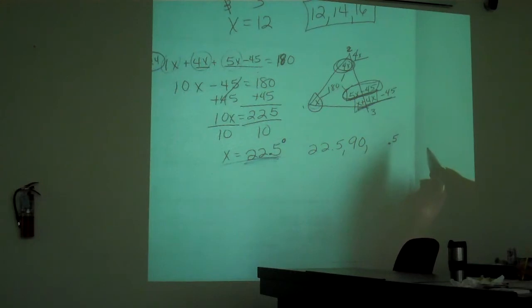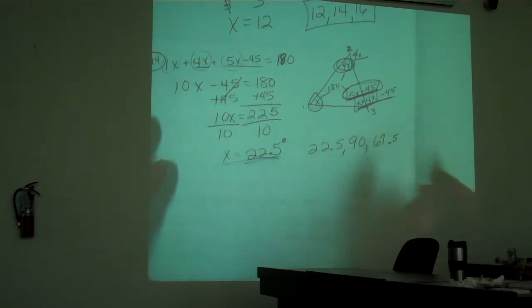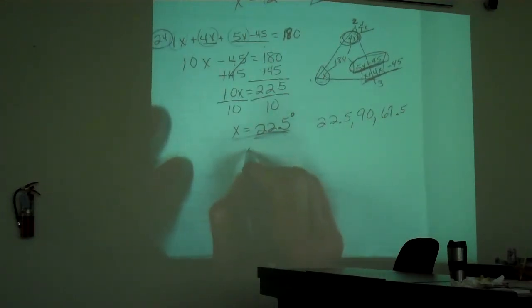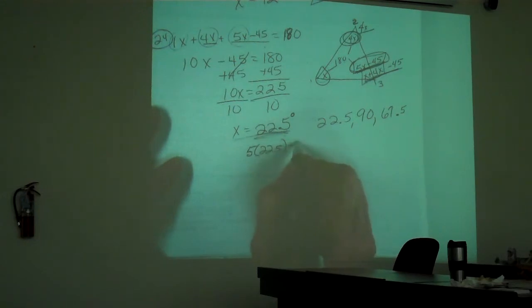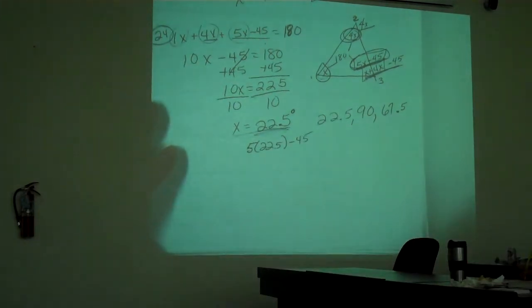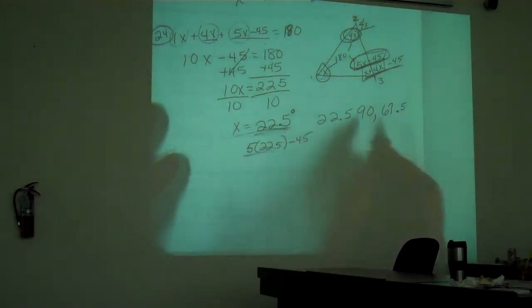What is it? It can't be 45. It's 67.5, because you're going to do 5 times this and then subtract 45. It's 5 times x, not 5 times 90.